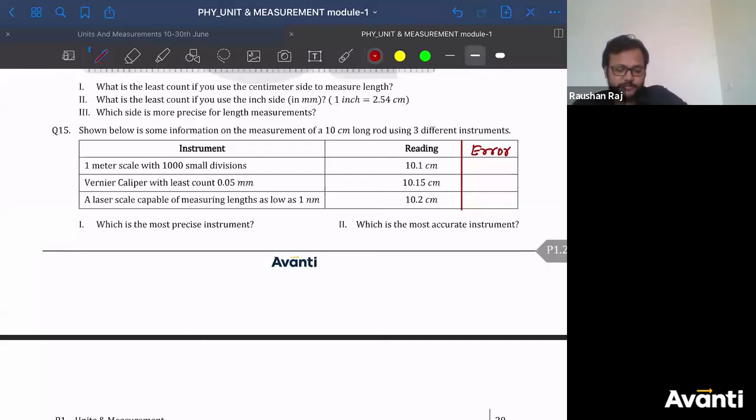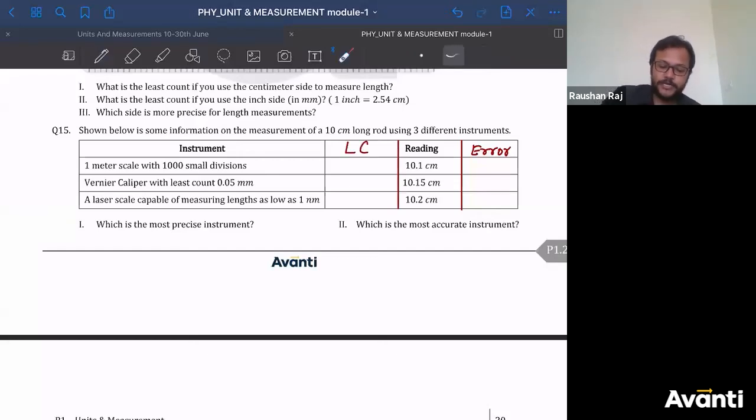Tell me guys, which is the most precise instrument here? How do you find the precision? By finding out the least count. So let me write it here. Least count. What is the least count of this part, guys? 1 meter scale with 1000 small divisions.